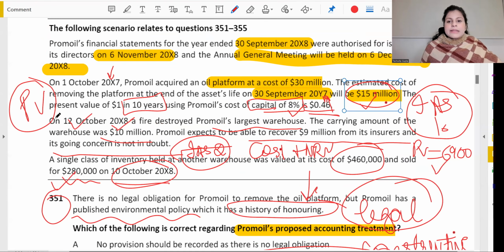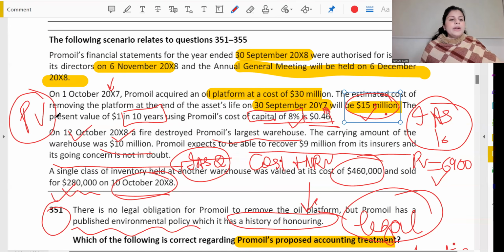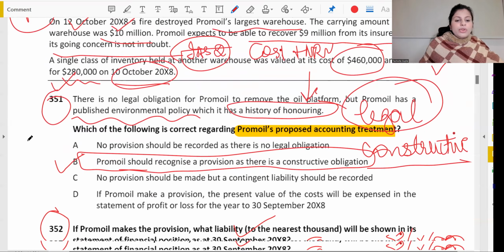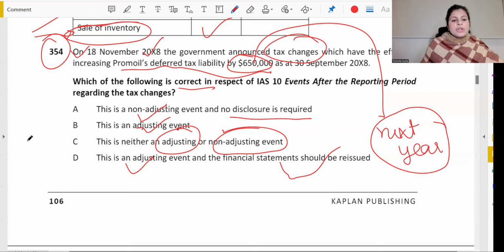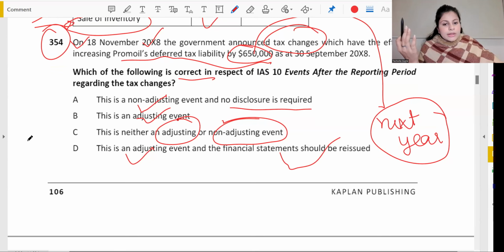Another reason for not considering it is in front of you. You have issued the financial statements. Another major issue is that your financial statements were issued by 6th of November and this is happening on 18th of November. So once the financial statements have been issued, they become something that you don't account for.